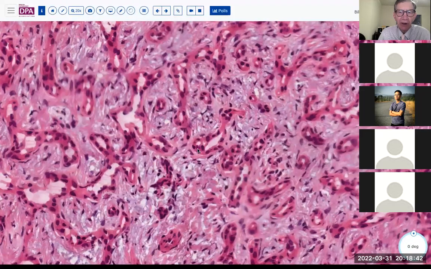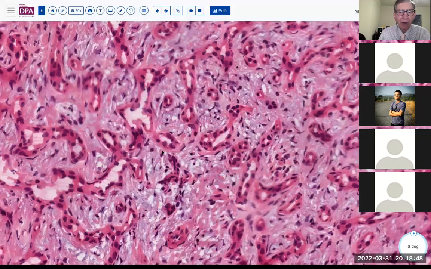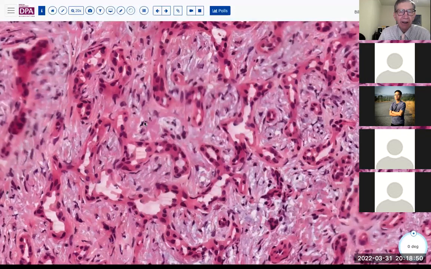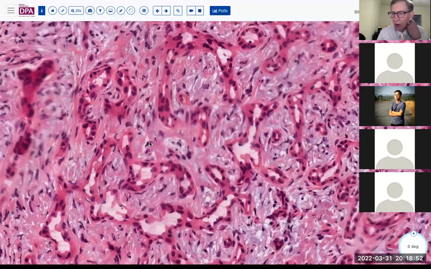But as we look at these cells, the nuclei are fairly widely spaced. They're relatively uniform. There's not any of what we would call the 4-to-1 ratio of nuclear changes. And that criterion is actually very useful in pancreatic carcinoma, that the range between the largest nucleus and the smallest nucleus can be greater than 4-to-1 in terms of size.